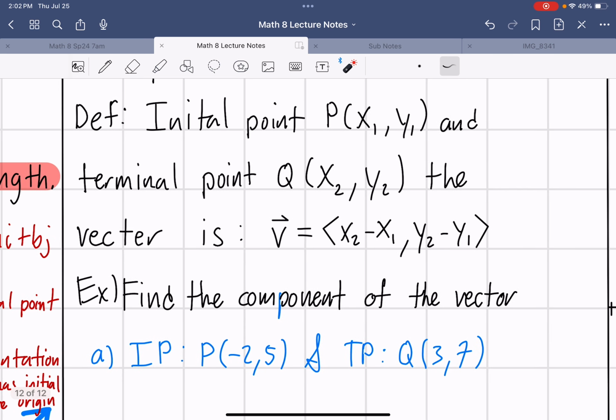Now, dealing with lines, all you're essentially doing to these points is finding the change in x and the change in y. We did something similar to this in algebra when you found the slope of a line. It was the change in y over the change in x. But here, we're not describing it as a slope.